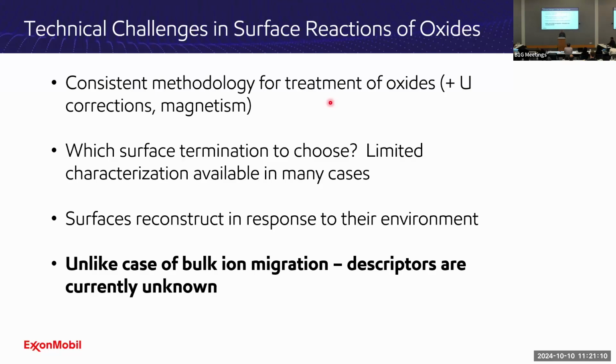Well, I don't know. And the other thing, at least for me personally, is that my human imagination is not nearly good enough to postulate what all the possible descriptors could be for reactivity. For ion migration, I had a pretty good set already, and people have been working in the field long enough that things were known.